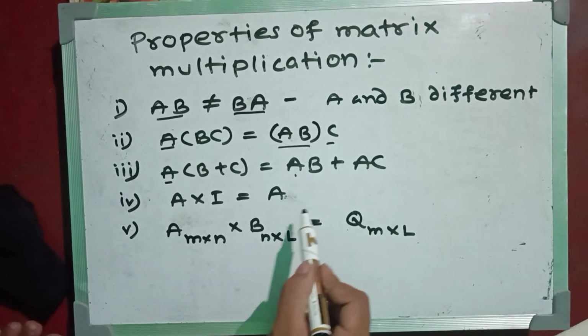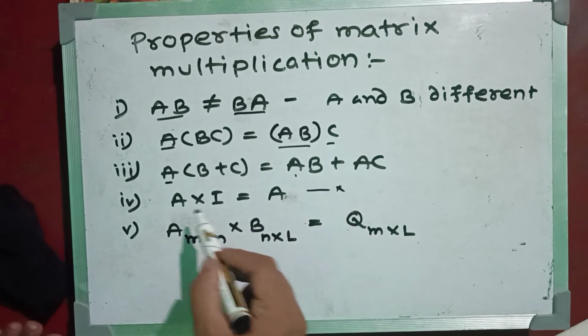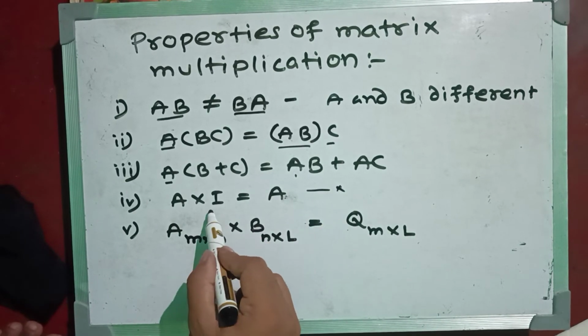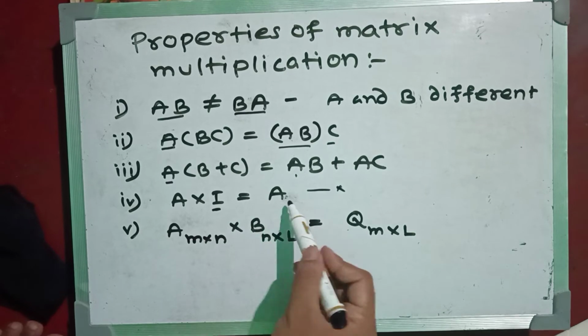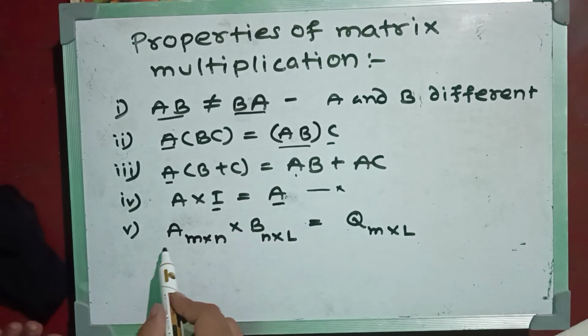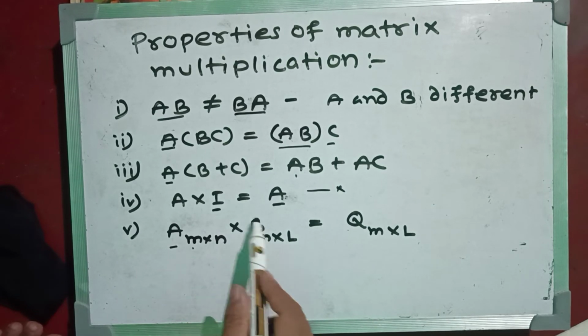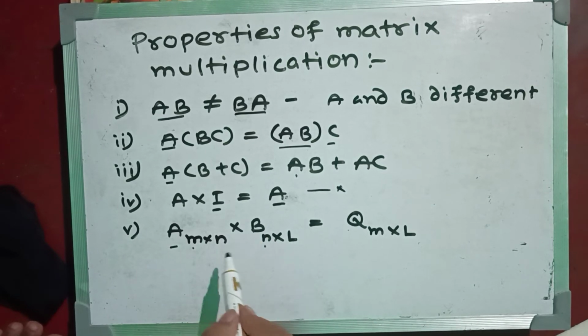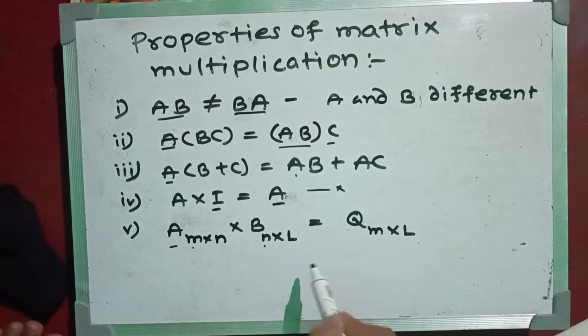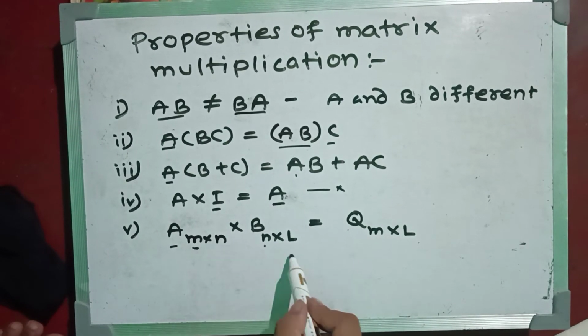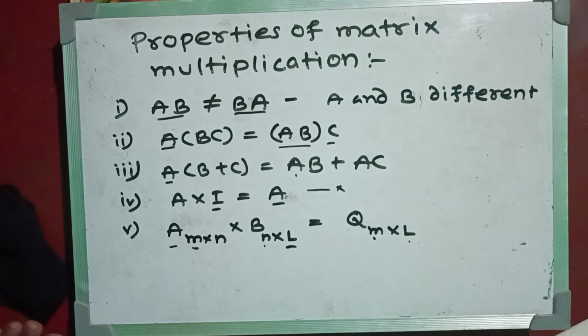And in the fourth formula, as I have said earlier also, if we multiply anything with the identity matrix, the result will be the same. And here we can see A has order M into N and B has order N into L. So the answer will have order M cross L.